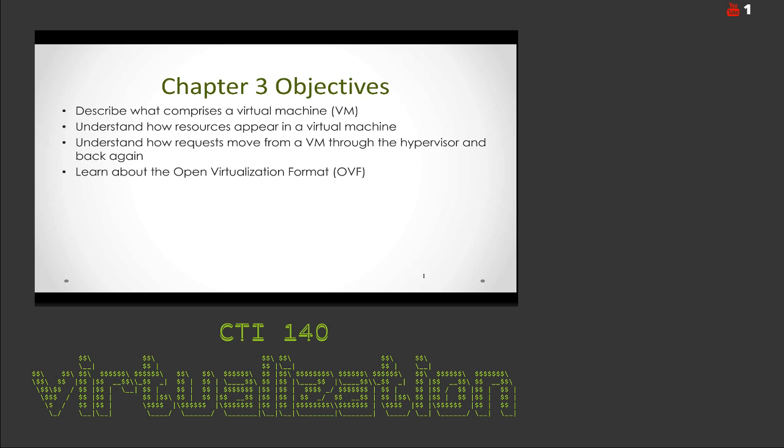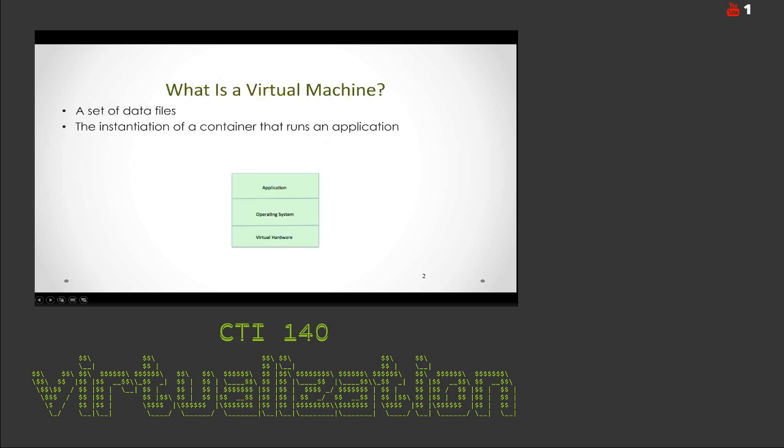So let's get to it. When we're talking about what a virtual machine is, a virtual machine is just a set of data files. Really, a virtual machine is nothing more than a set of files that describes and comprises some sort of virtual server or virtual device.